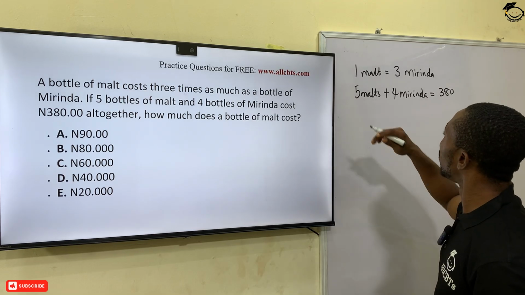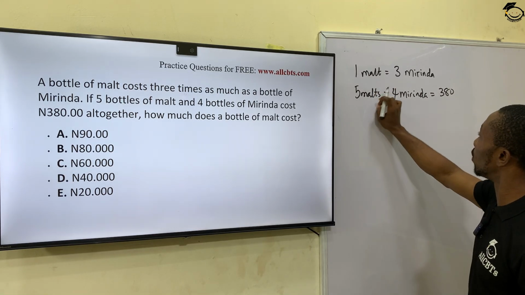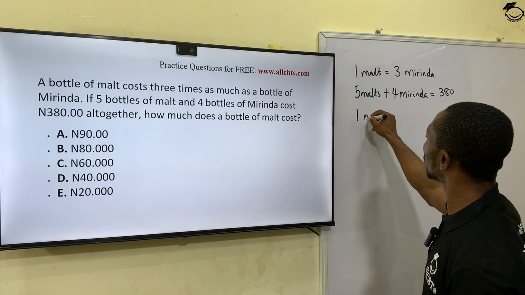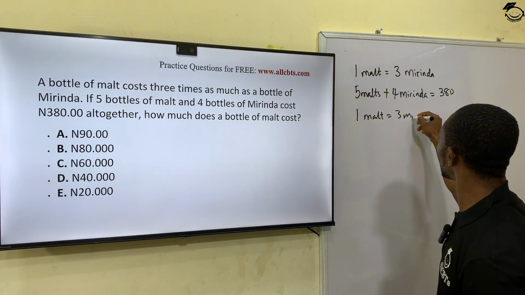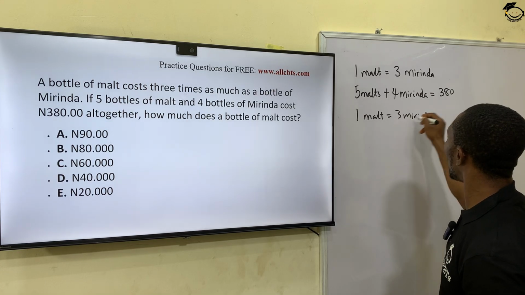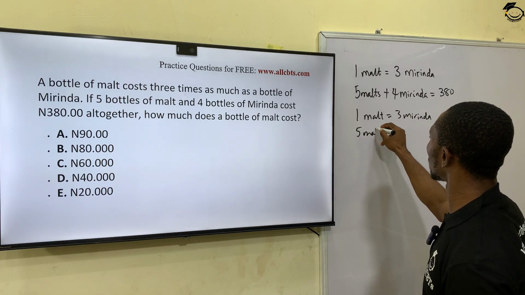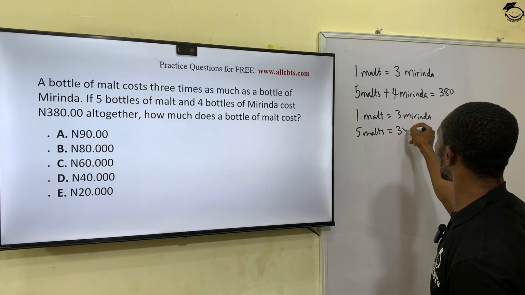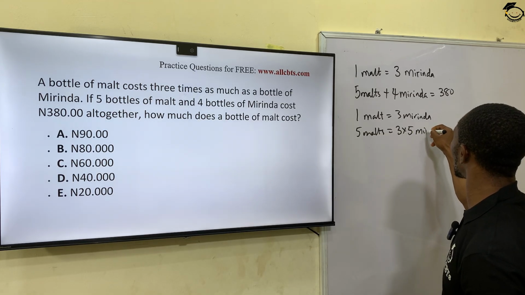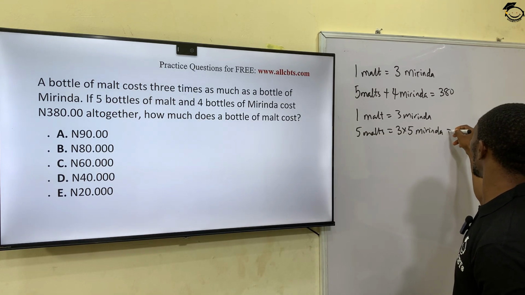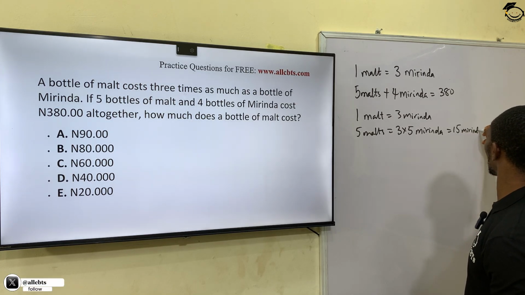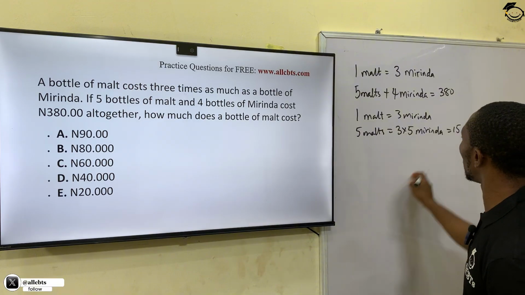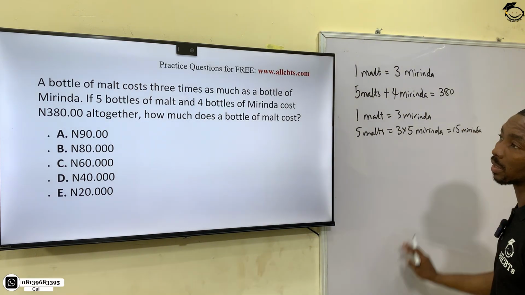Now, for us to find the cost, 1 malt equals 3 Mirinda, so 5 malts would be 3 times 5 Mirindas, which is 15 Mirindas. So the 5 malts are used in getting 15 Mirinda bottles.